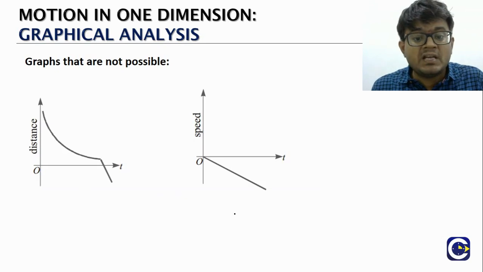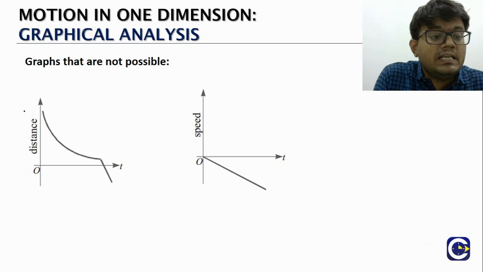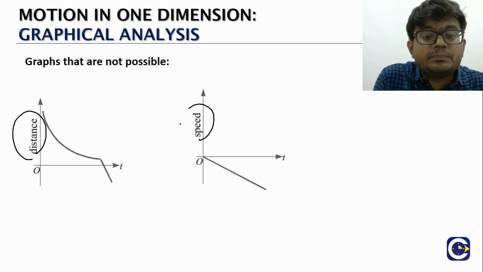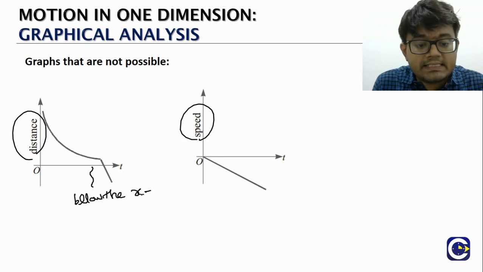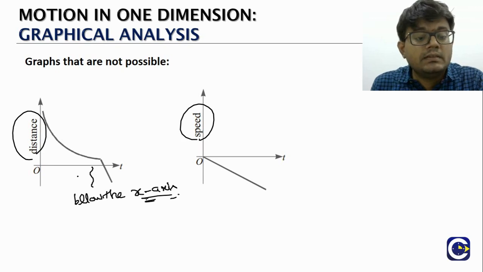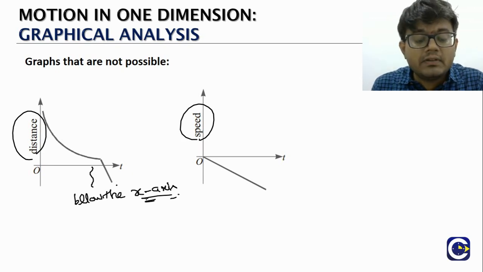Okay. Now let us go to the next graphs. These graphs are also not possible. Why? We will see. These are distance and speed graphs, which are going below the x axis. In distance time graph, can distance moved be negative?